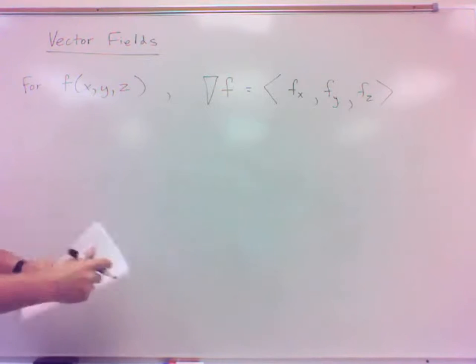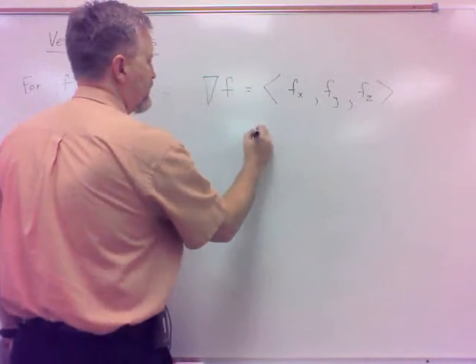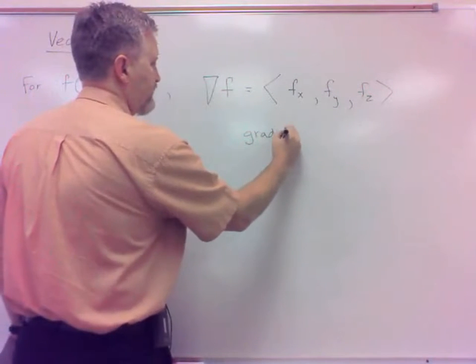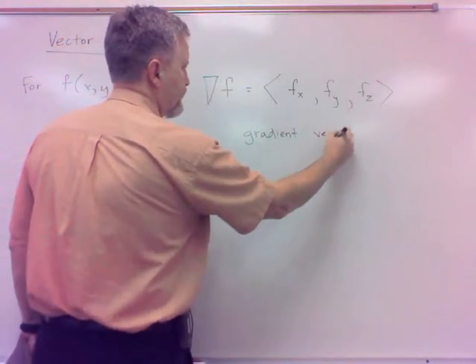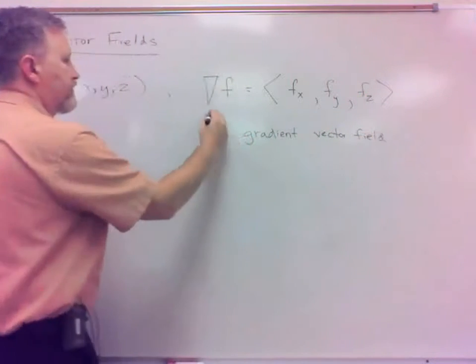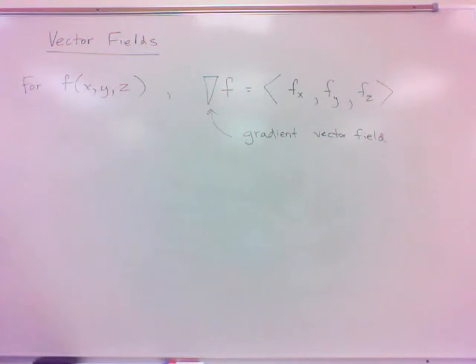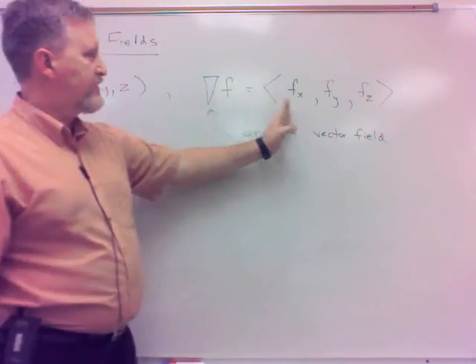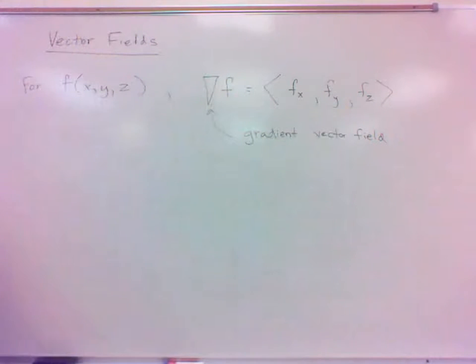So yes, now we can consider it a gradient vector field, where for each point x, y, z, the values for our vector field are made up of the partial derivatives.